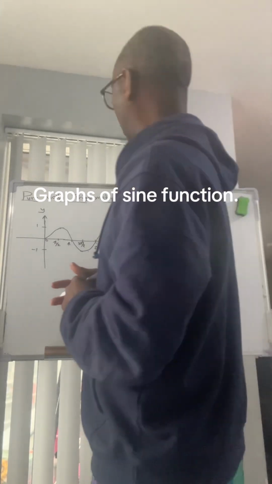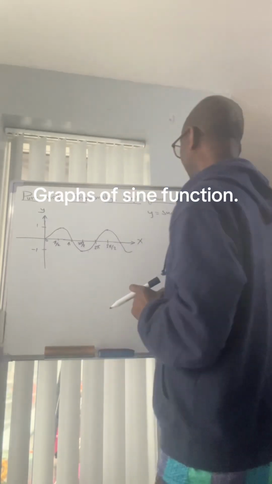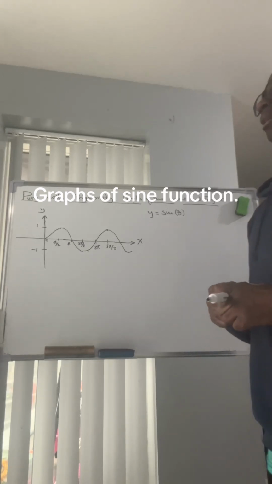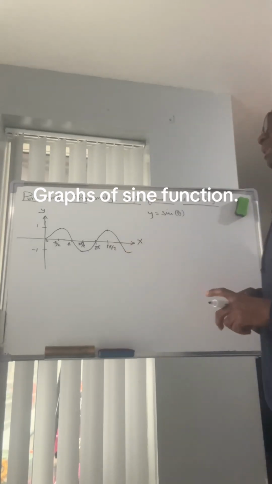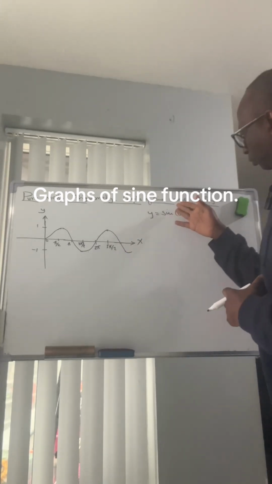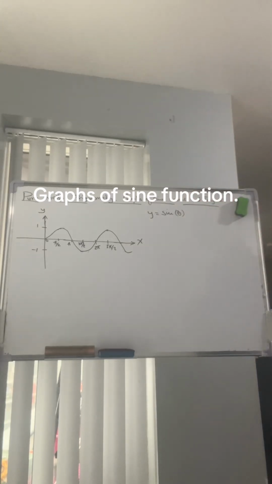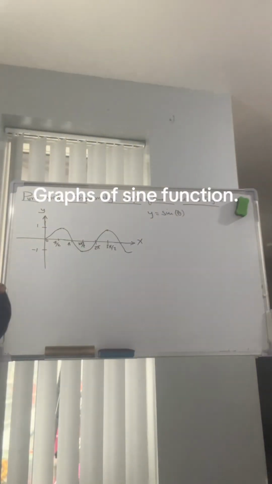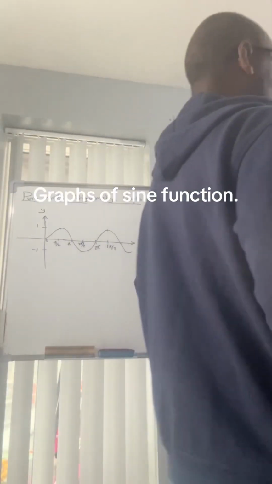We are going to look at the graph of the sine function first. We'll investigate it, we solve problems on it, then we move to the cosine function. We'll do the same thing again, investigate. What I mean by investigate, we study its properties, and then we move over to the tangent.